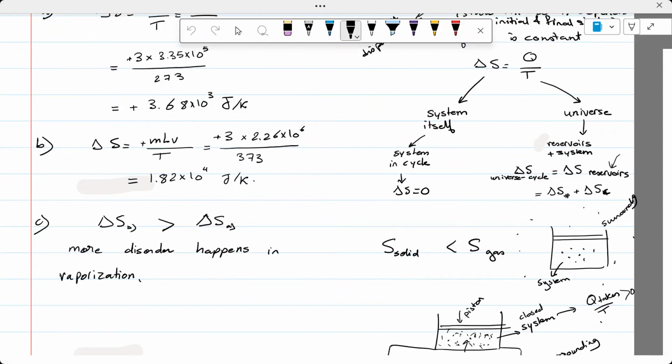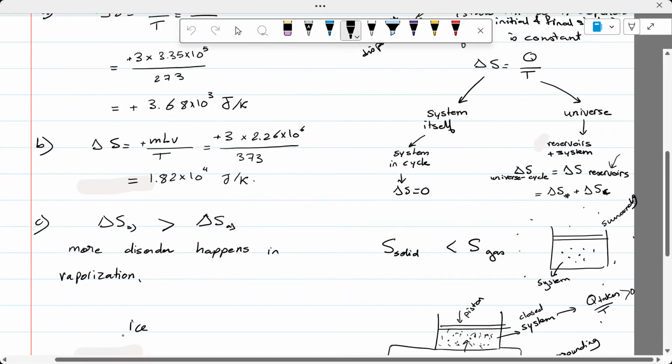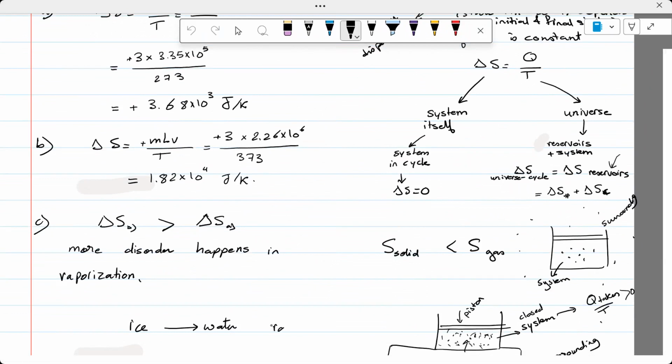Does this make sense? When we go from ice to water, I am increasing the randomness, that's for sure, because water molecules are more flexible to move than ice, which is fixed and vibrating in place and not even moving.